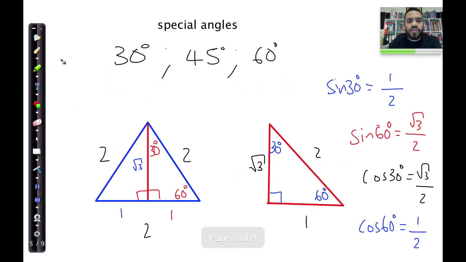And let's look at one more triangle where we can speak of special angles. Well, the other one is going to be, if I take a triangle, and this one is a right triangle, because remember they've got to be right. We will draw it with straight lines as such.